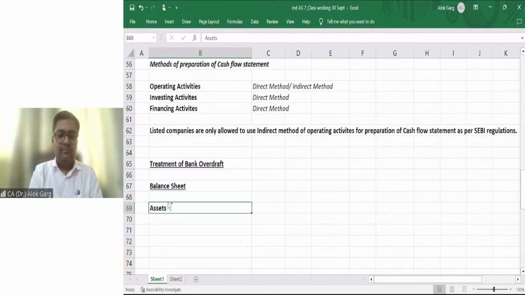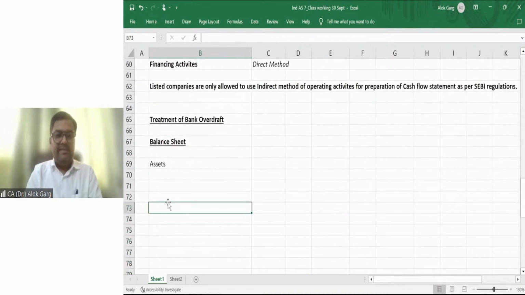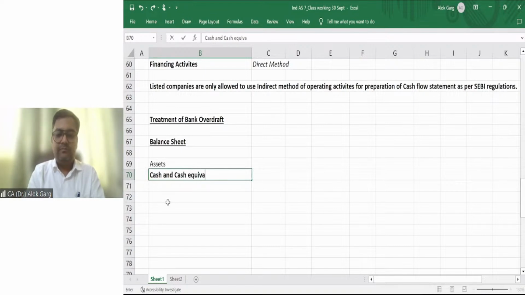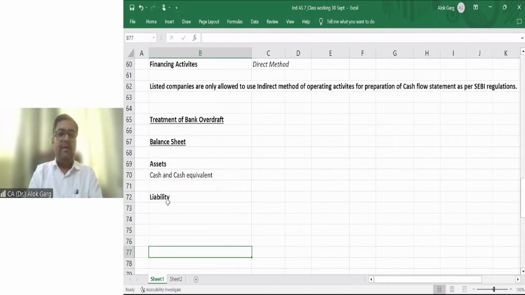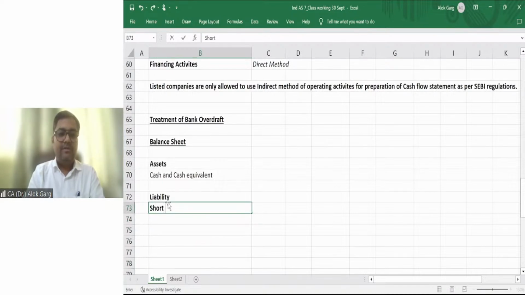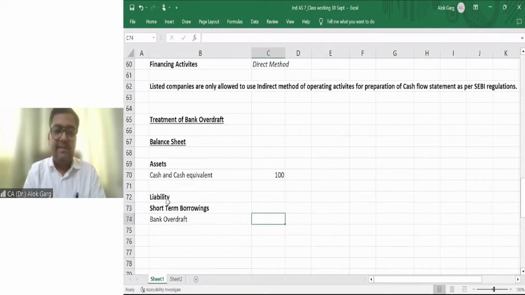In assets, there is cash and cash equivalent. Then there is a liability. In liability, there are short-term borrowings, and there is a bank overdraft as a part of the short-term borrowings. For example, this is 100 crores. And for example, this is, let's say, 20 crores, right?